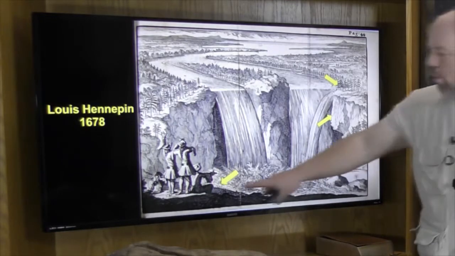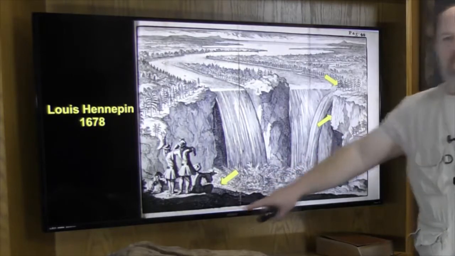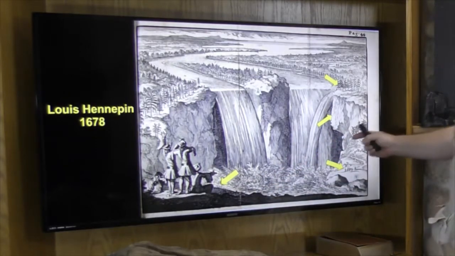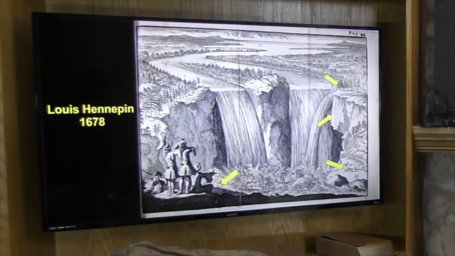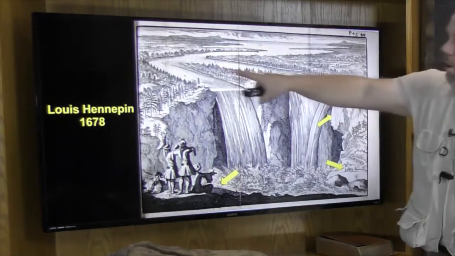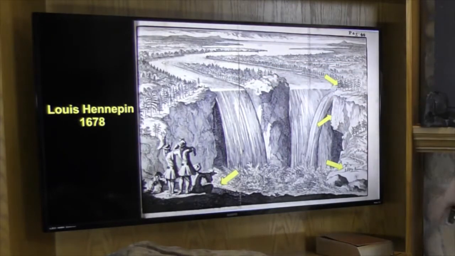And then this point over on the American side, this prominent point almost straight across the gorge and slightly downstream from the landing. Also notice that the island separating the two waterfalls is long, narrow, and pointing almost straight down the gorge.